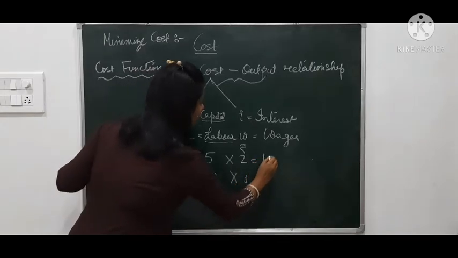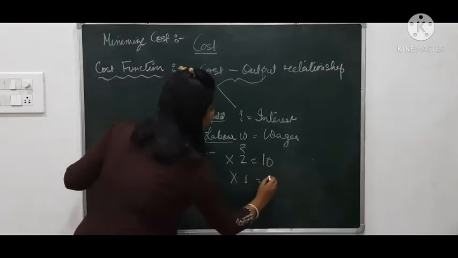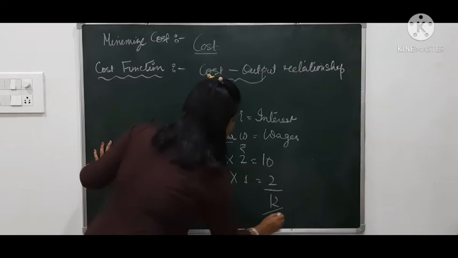Then 5 into 2 plus 2 into 1 is 12, so 12 is my cost.